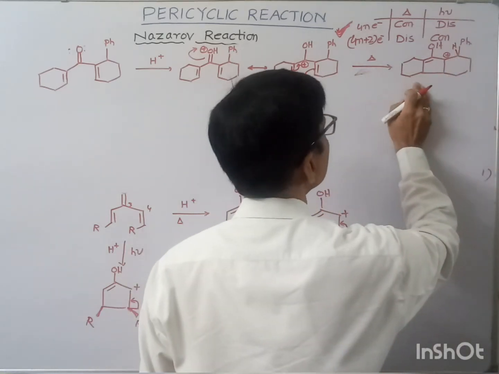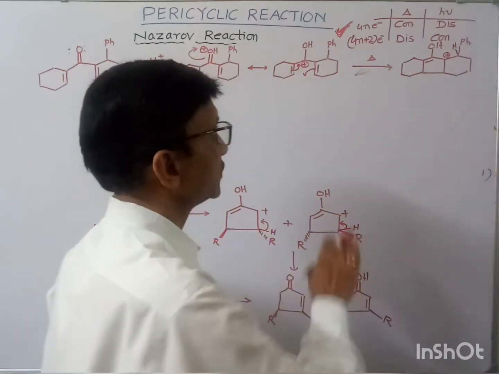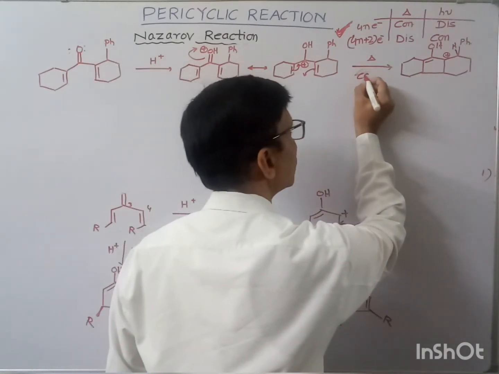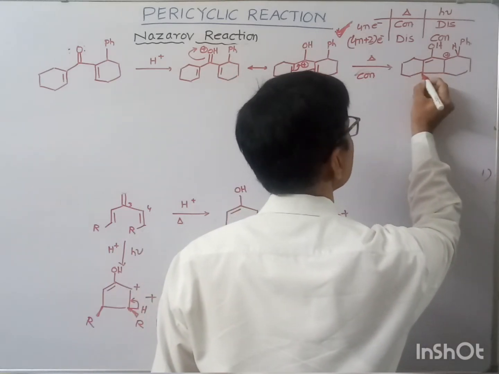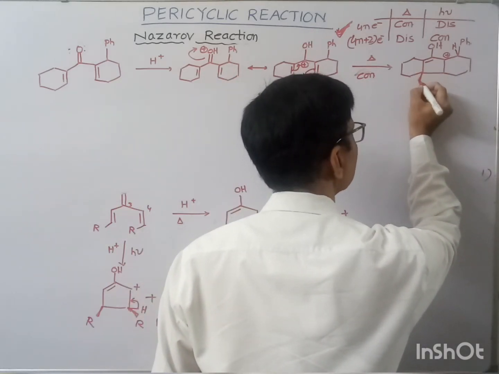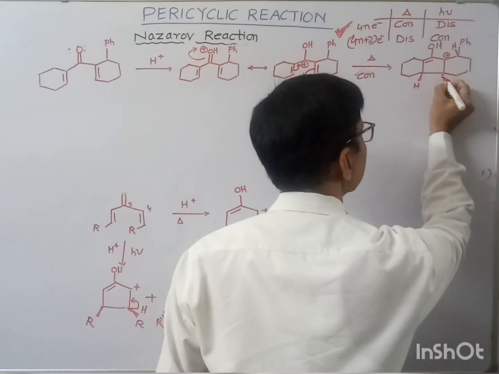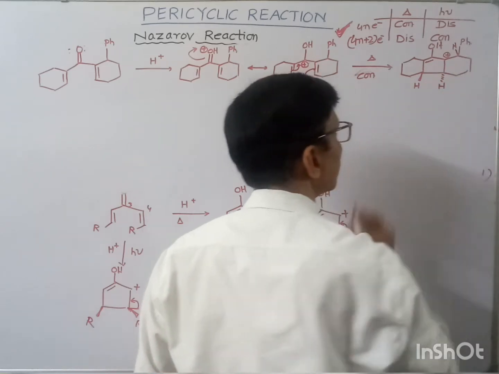Now, if you see the position of hydrogen here, the conrotation will take place. On conrotation, one of the hydrogens that is present over here would be above and the other hydrogen would be below.